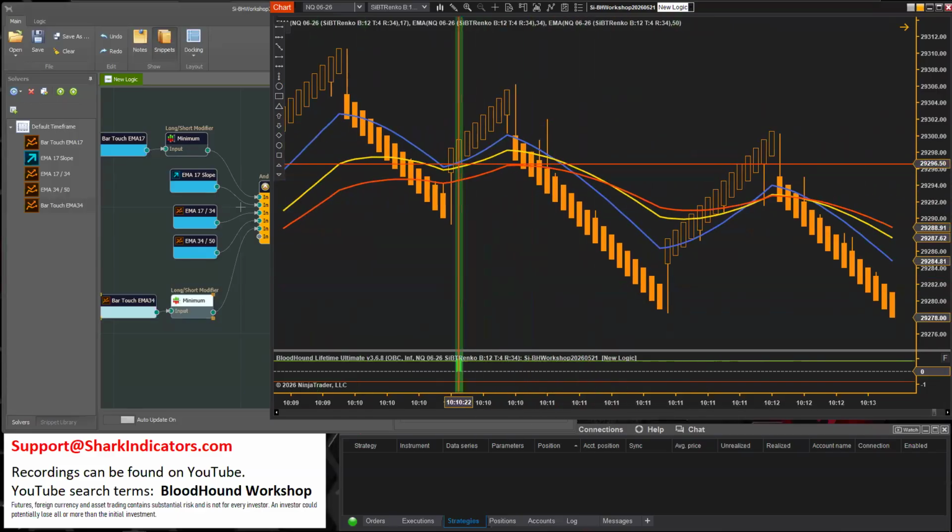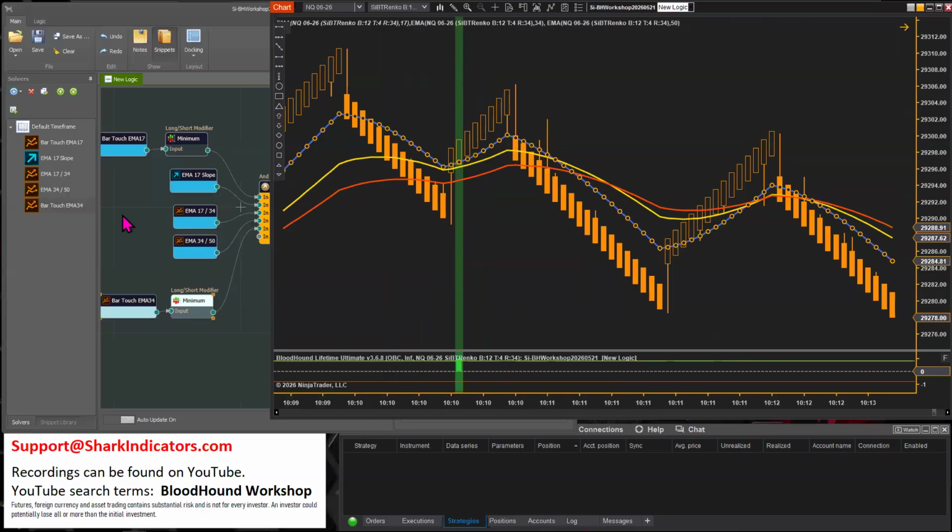But if you did want to eliminate that, then what you'd need to do is add another comparison solver that checks that the open is above the EMA 17 or below it. So in order to invalidate that, the open price has to be above that moving average there.